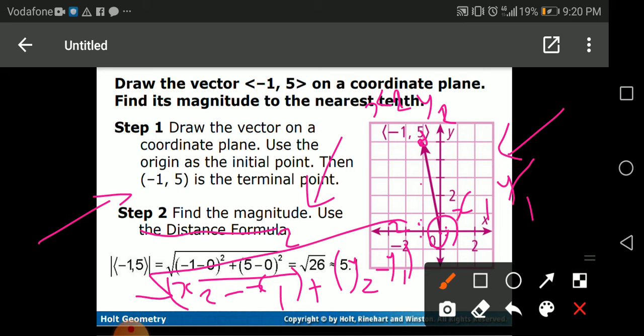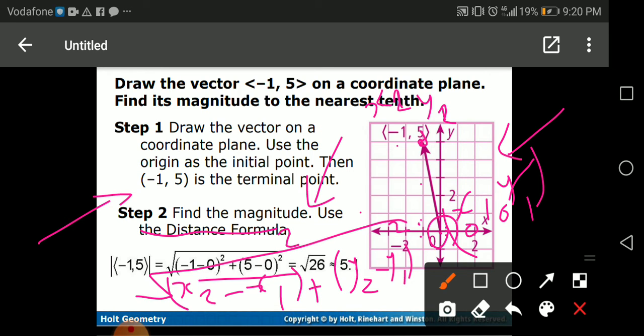I wrote the distance formula here to make sure that you memorize it: the square root of (x sub 2 minus x sub 1) squared plus (y sub 2 minus y sub 1) squared. Remember that we have taken this in quarter 1. We have x sub 1 and y sub 1 as 0 and 0, and we've got -1 and 5.